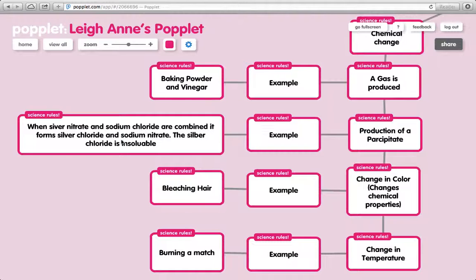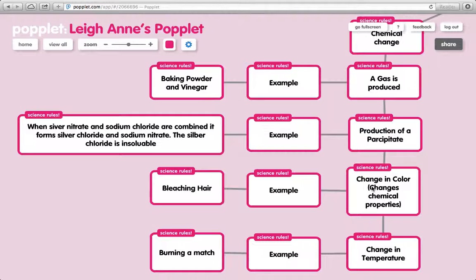The reaction forms silver chloride and sodium nitrate, and the typo, I'll fix that. And the silver chloride is insoluble. So since it is insoluble, it will fall out of the solution, which is sodium nitrate. It's kind of hard to see if you haven't dealt with it, so I apologize.